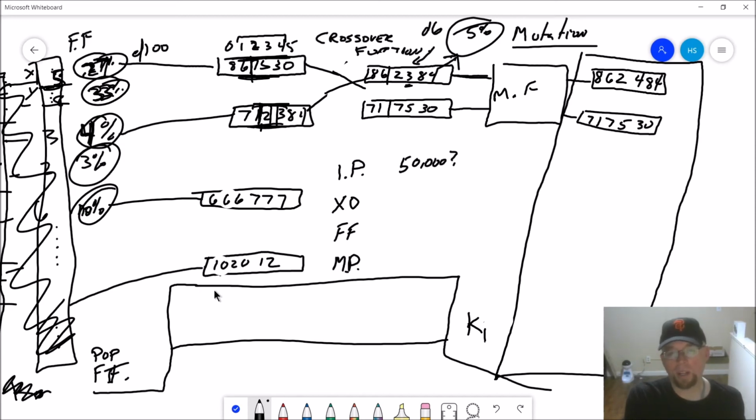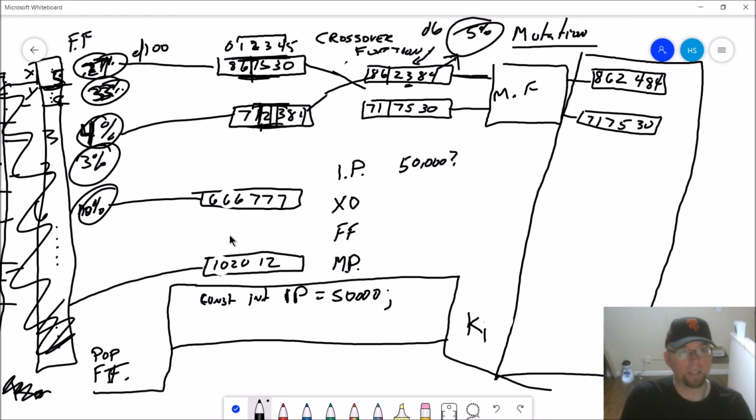So, const int IP, initial population, equals 50,000. Or you can even make them variables and pass this information as command line arguments. You can script it. You can do it in all kinds of different ways, but that's just something to think about.